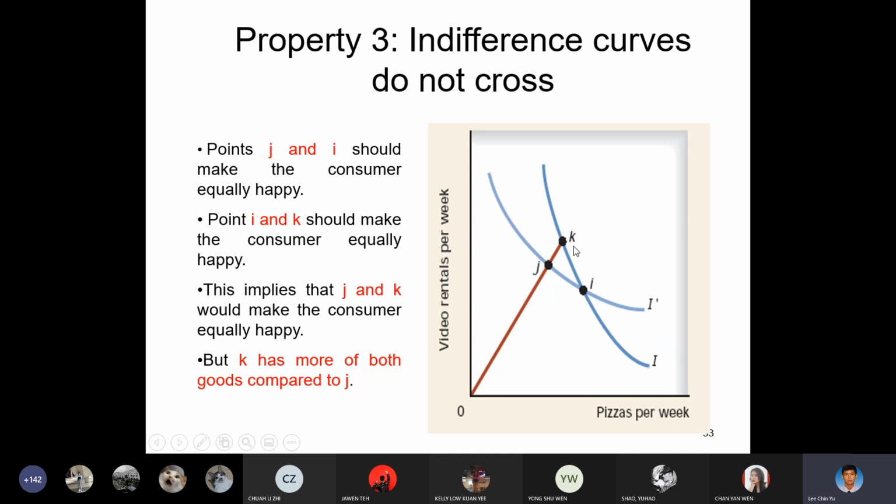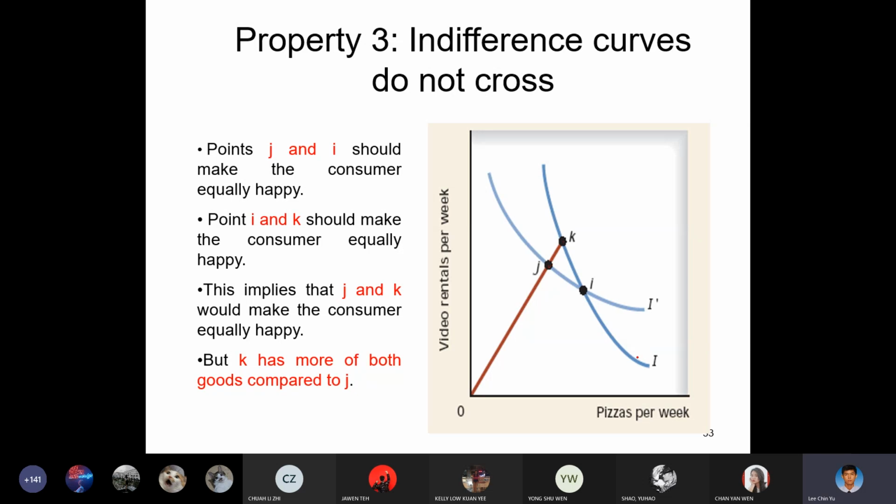If we draw a line as a reference, we notice combination J and combination K. The quantity of combination K, in terms of video and pizza, is more than J. So combination K gives you higher utility compared to J, based on property number 1.